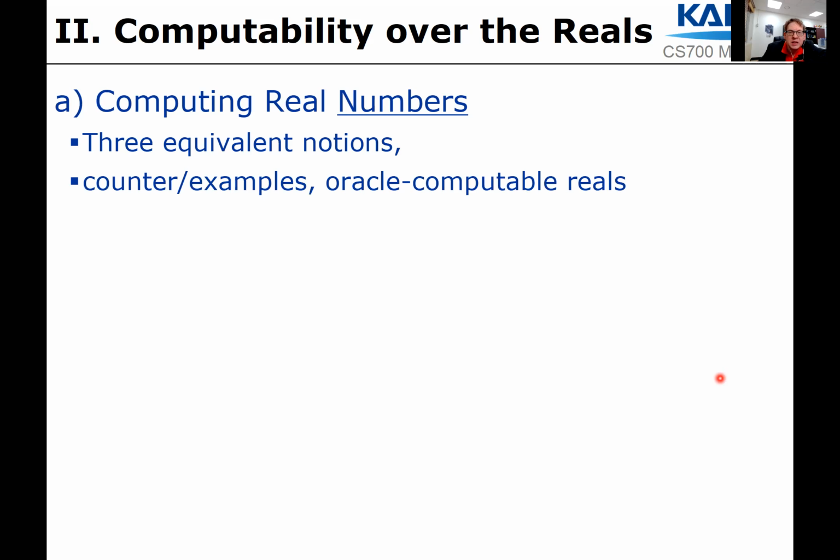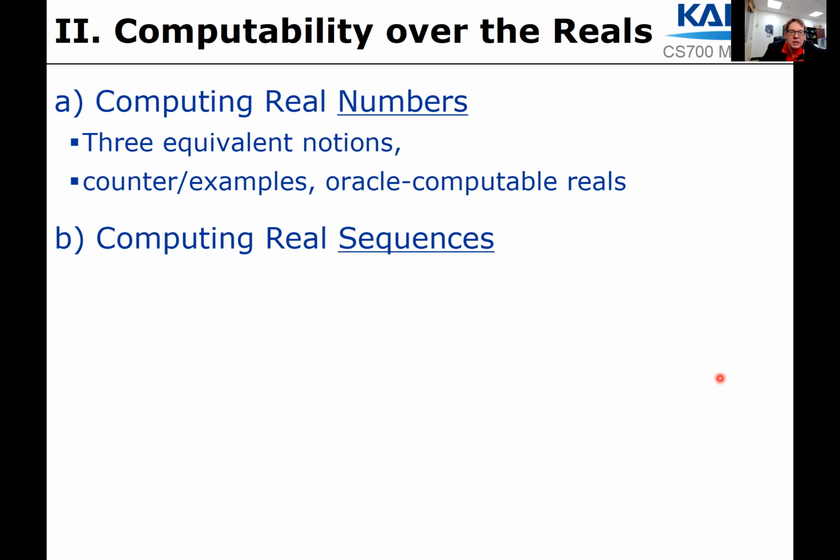We discussed examples of computable real numbers and counterexamples of uncomputable real numbers, and oracle computable reals, the real counterpart to the arithmetic hierarchy. And we proceeded to more advanced data types over the real numbers, specifically computable real sequences.